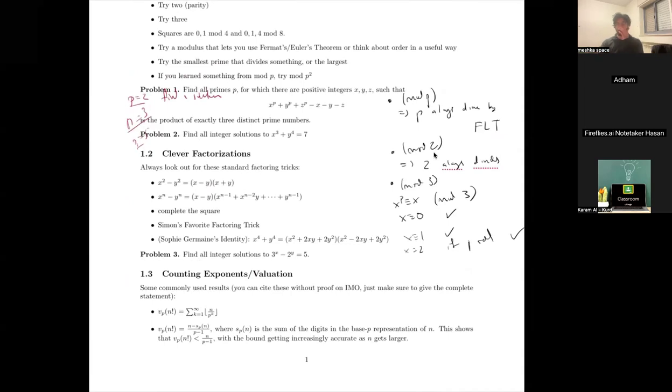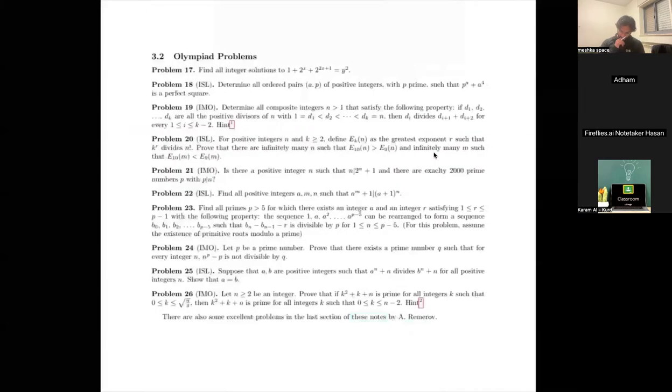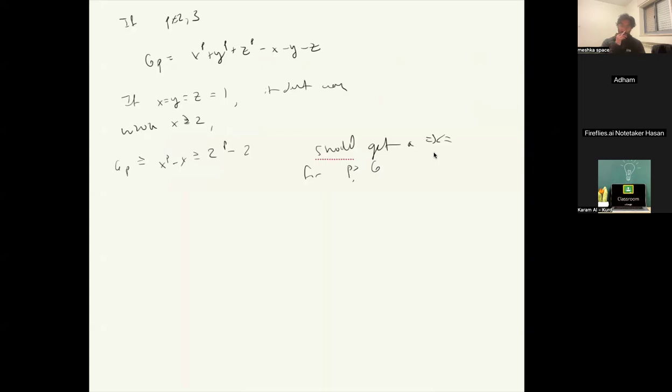So let me show the standard example. Find all integers x and y such that 1 over x plus 1 over y is equal to, let's say, 5 over 6.